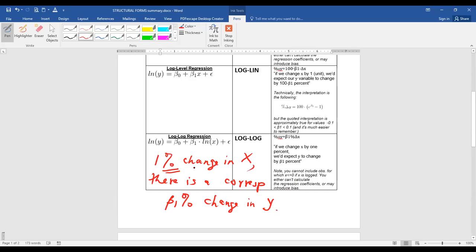Take note, guys, na wala akong nilalagay na units. I'm just saying 1% change in x, there is a corresponding beta 1% change in y.